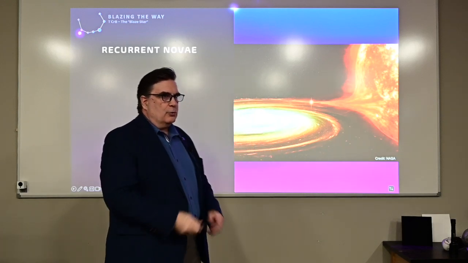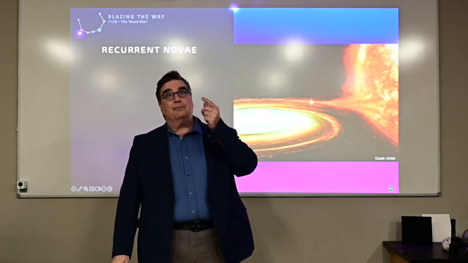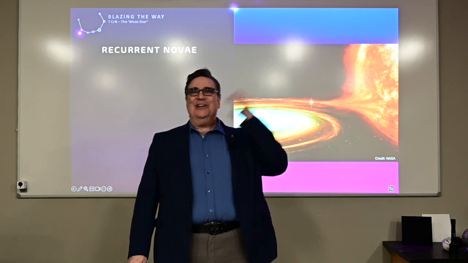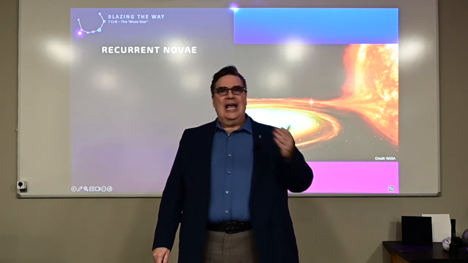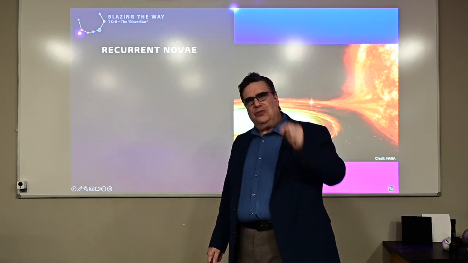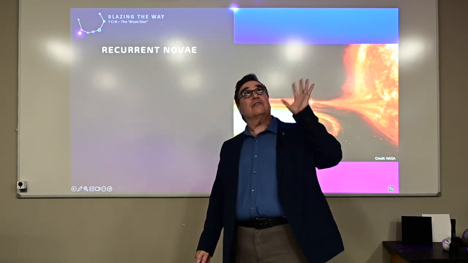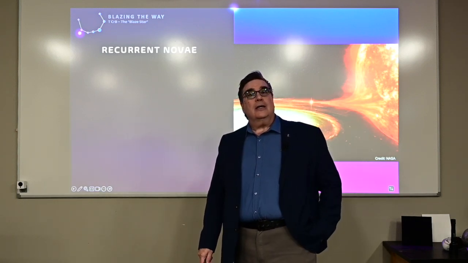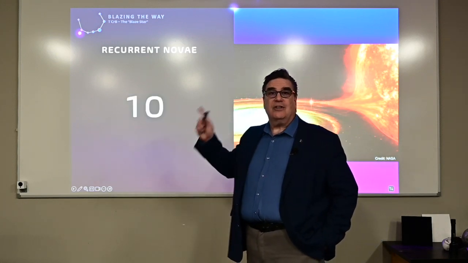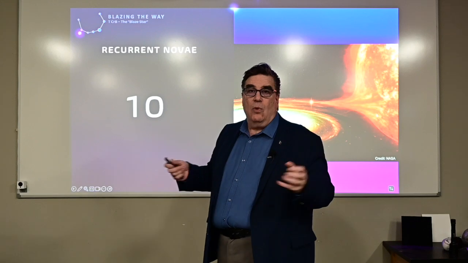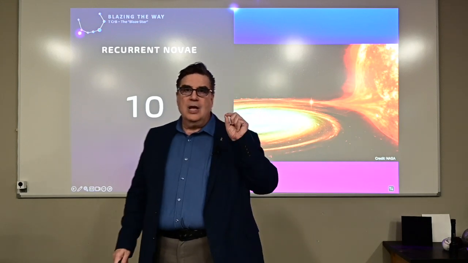This one is a recurrent nova, and, well, out of all those hundreds of billions of stars in the Milky Way galaxy, how many recurrent nova do you think that we have recorded? Hundreds of billions of stars. 10. That's it. Just 10. There are probably more, and we just haven't recorded those yet, but 10.